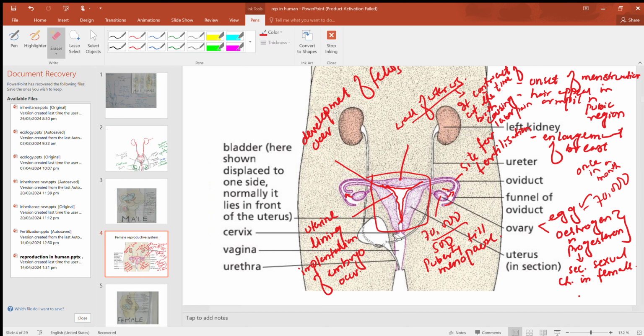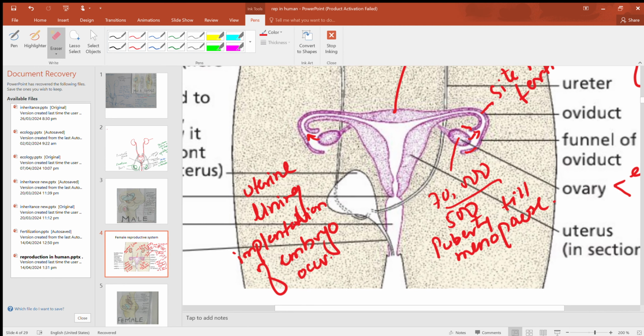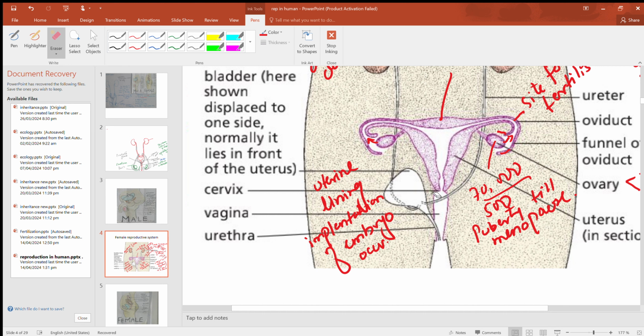Now, this mouth of the uterus is known as the cervix. What is the function of the cervix?